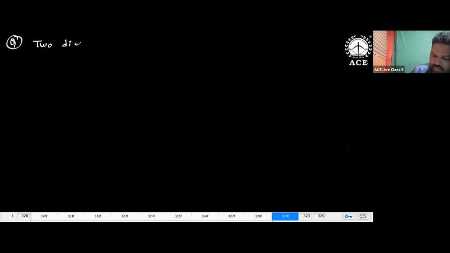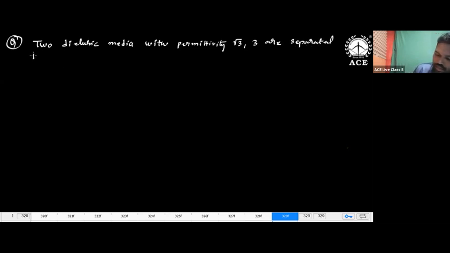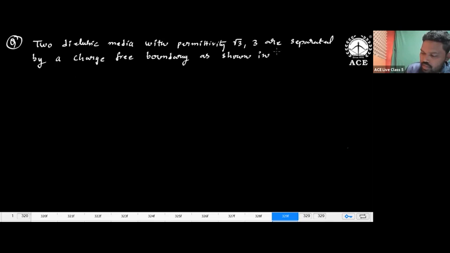Two dielectric media with permittivity square root of 3 comma 3 are separated by a charge free boundary as shown in the figure.